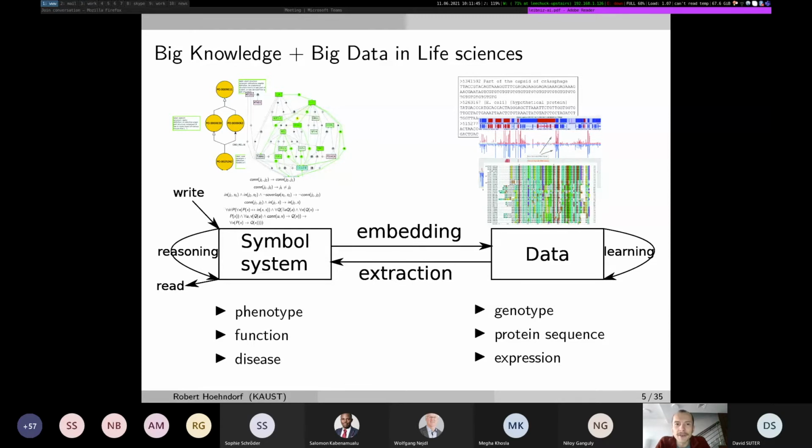And this is a representation of the neurosymbolic cycle, where we take our symbolic knowledge and embed it in a space where we can combine it with the data, where machine learning and optimization takes place.